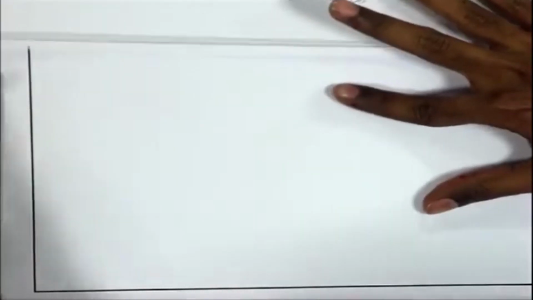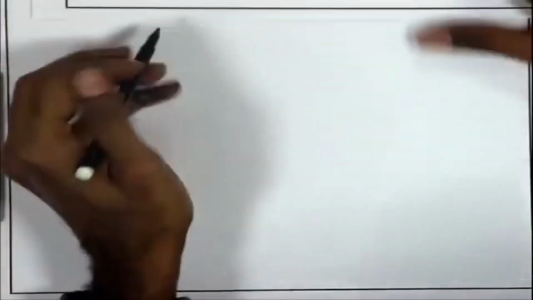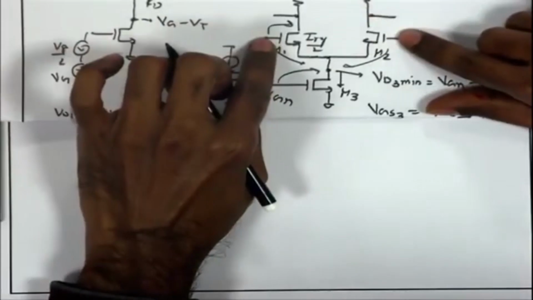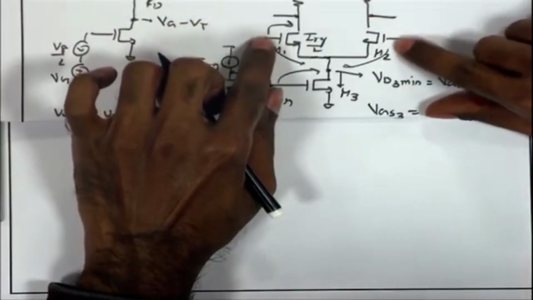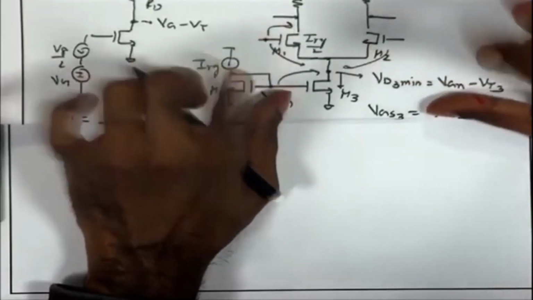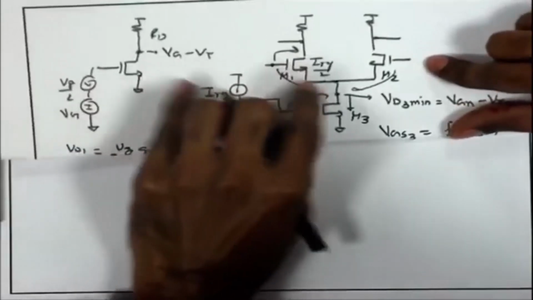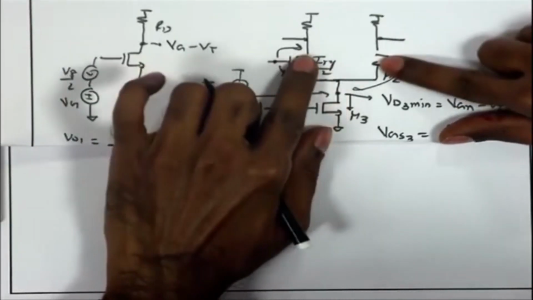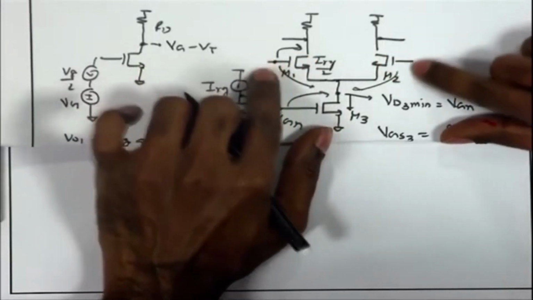If I have to draw the circuit for the common mode operation, what we are talking about is applying the same DC or same AC signal at the two gates. So, basically we are going to pull these two gate voltages up and down by the same amount, that is the common mode. Under that condition, the source voltages are anyway common, the two transistors are very well matched, and the gate voltages are also common.